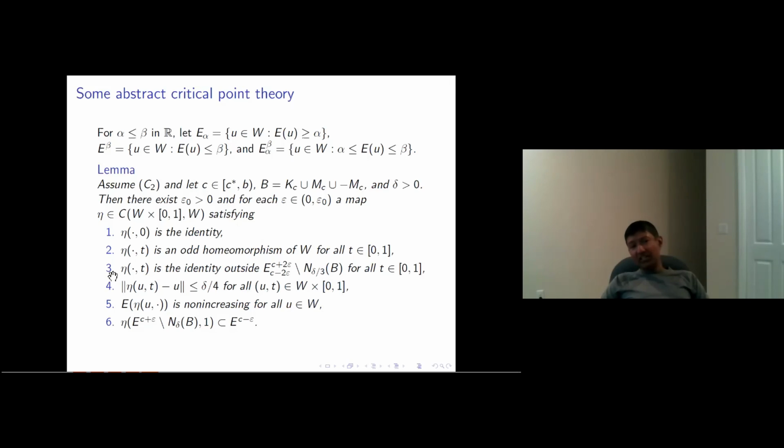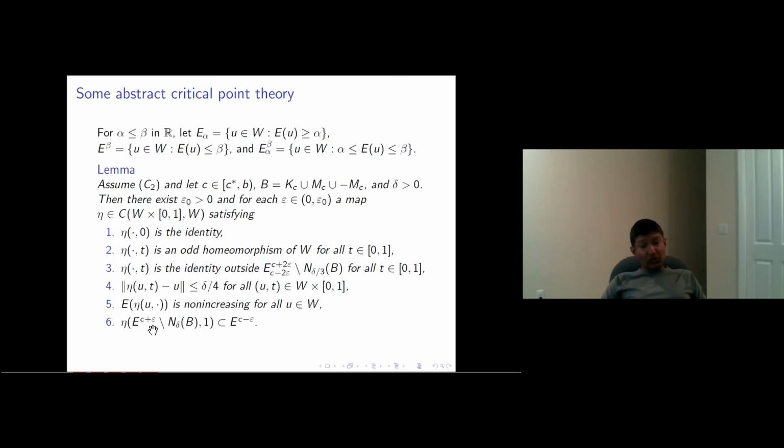the item 3 is weaker than the classical result. You don't have eta to be the identity away from KC, but you have to stay away from the sets MC and negative MC as well. And the rest are pretty much the same as in the classical result.